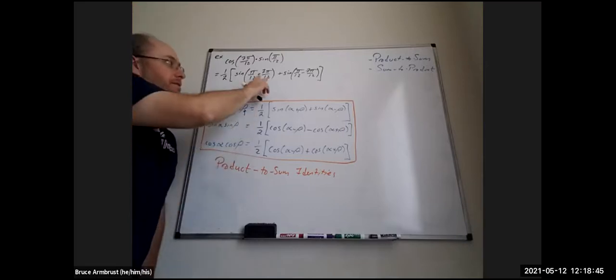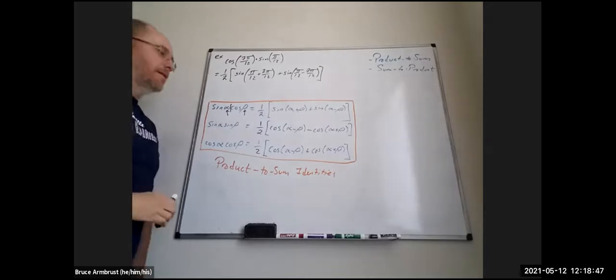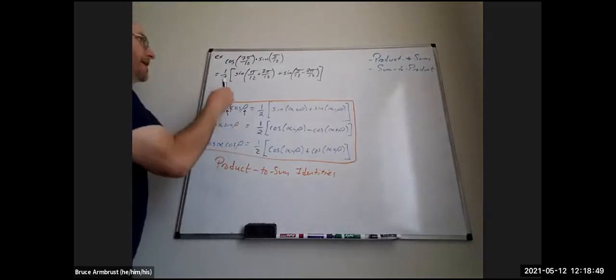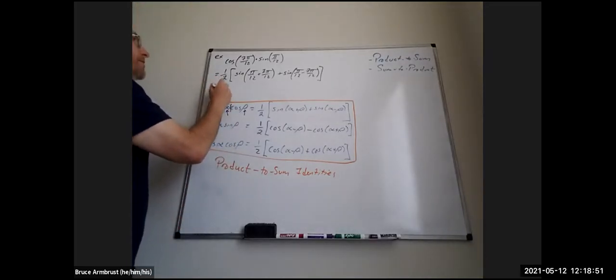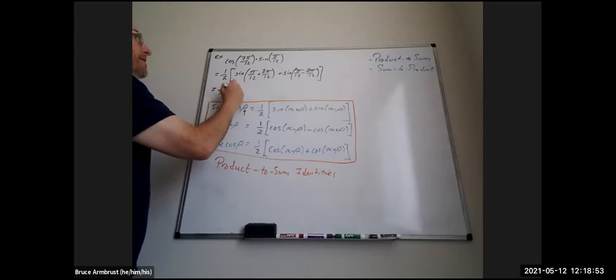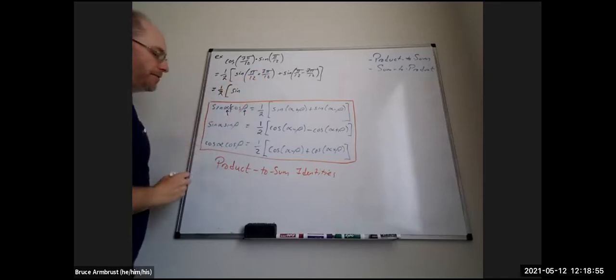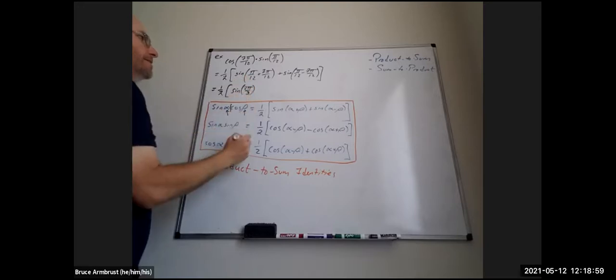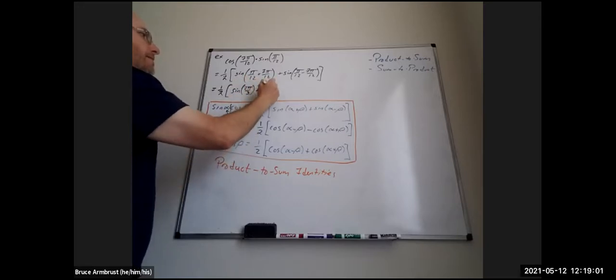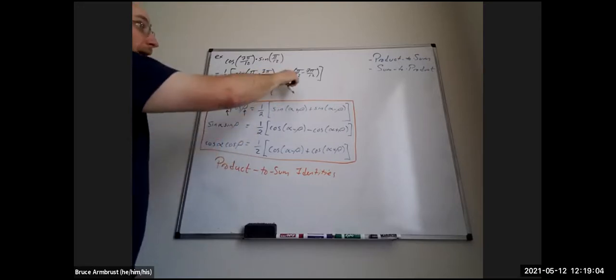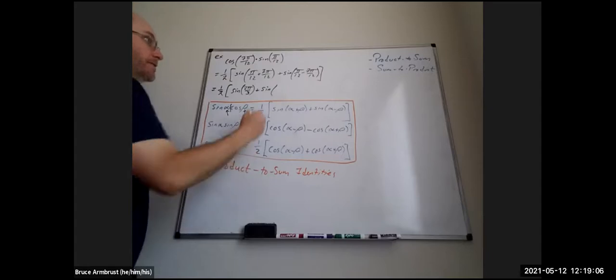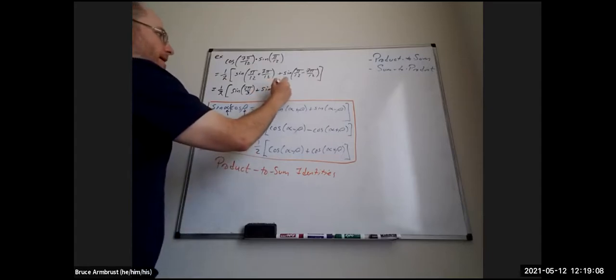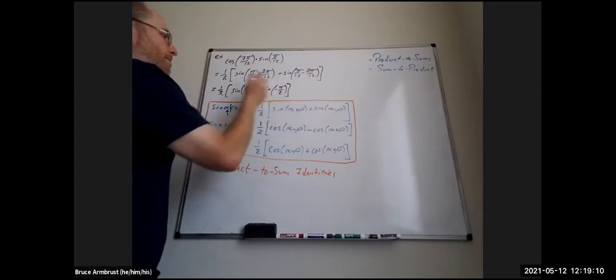So now let's do these operations on the angles and see what we get. This is going to give us 1/2 sine of 8 pi over 12, which is 2 pi over 3. And then pi over 12 minus 7 pi over 12 is minus 6 pi over 12, or minus pi over 2.